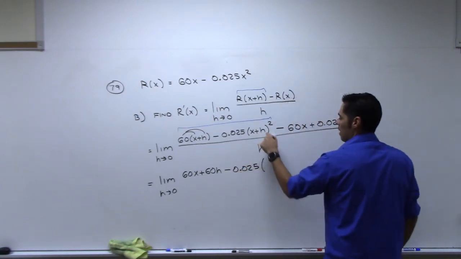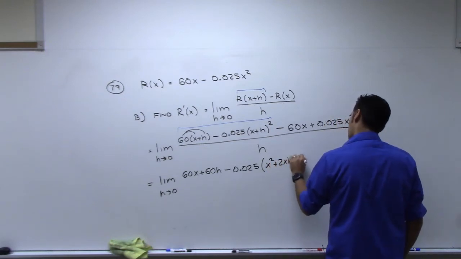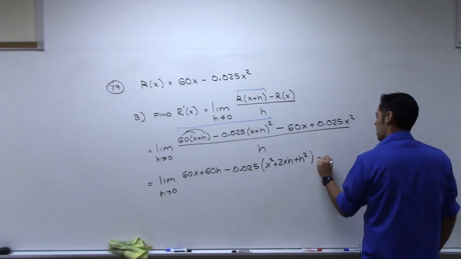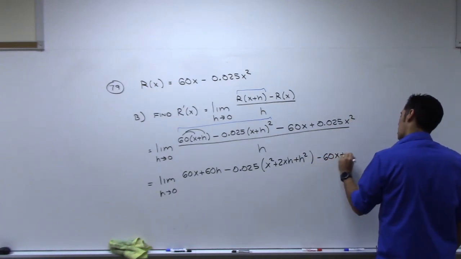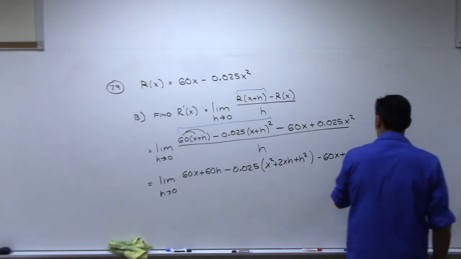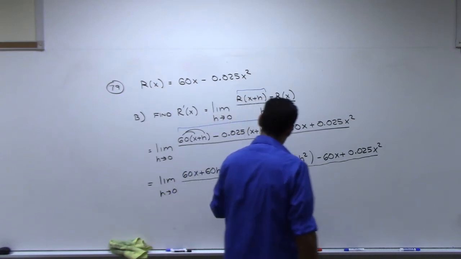Then I'm going to expand that, which we have done so many times now. I know what it is. That's what this is. And then just rewrite these minus 60x plus 0.025x squared. All of this over h.